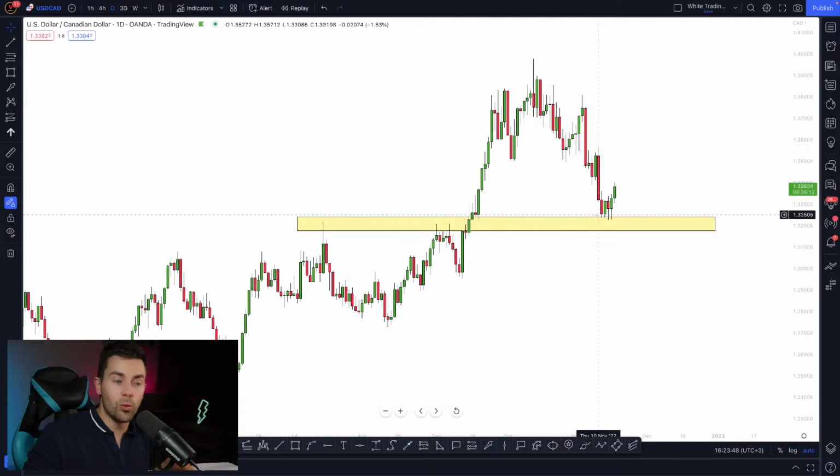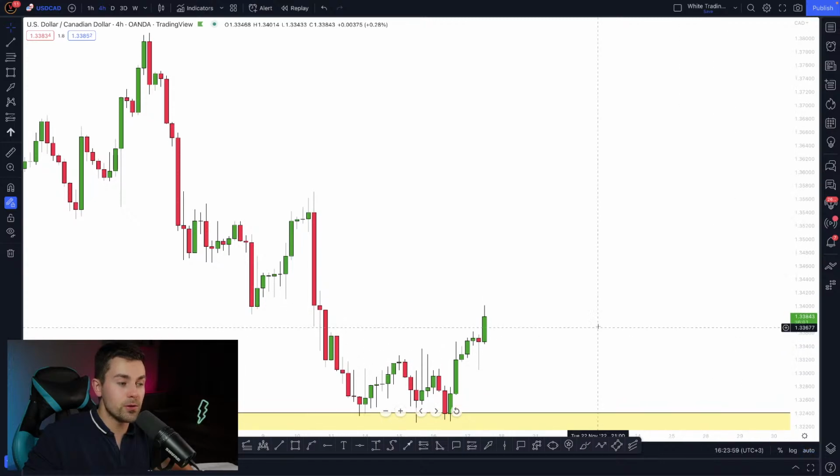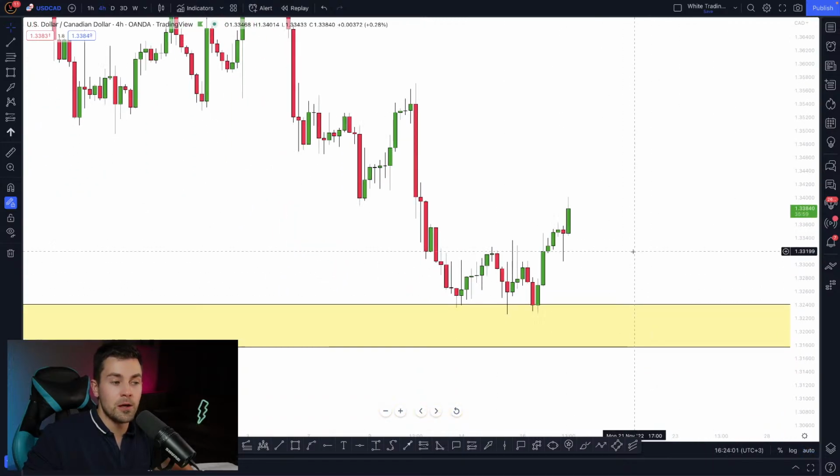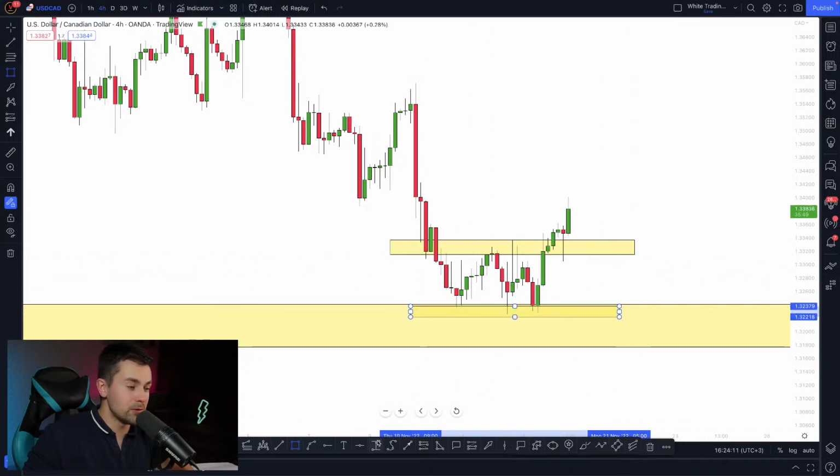You can see that once the market dropped to that structure, we started to coil and the market stopped falling, and we were rejected multiple times. So I was monitoring the reaction of the price to that structure on lower time frames, and what I spotted was a very nice horizontal trading range here on the 4-hour.